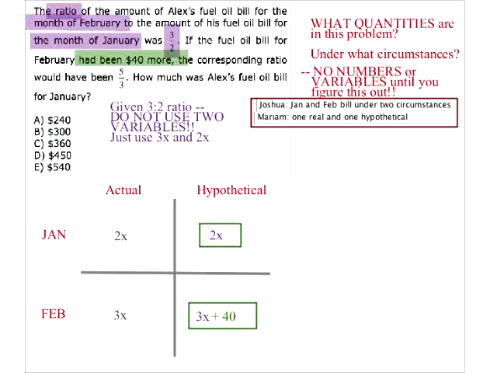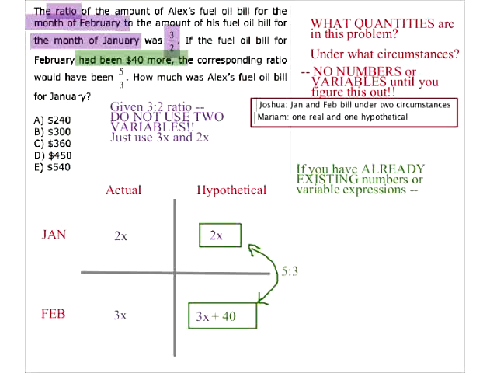If you have already existing numbers or variable expressions, then what do you set up? If we had no variables here, we could just call these things 5x and 3x. But we already have variable expressions, so we don't want to do that. These are supposed to be in the ratio February to January, 5 to 3.